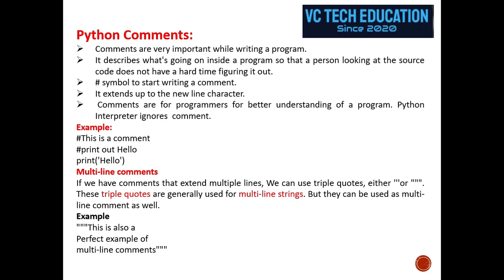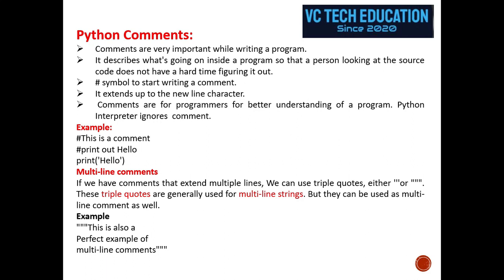Python comments, how comments are given in Python. Comments are very important while writing a program. They describe what's going on inside a program so that the person looking at the source code does not have a hard time figuring it out.